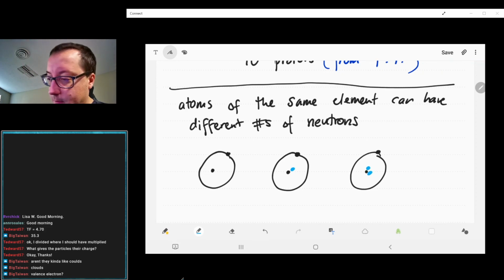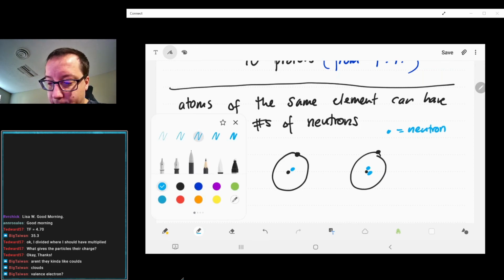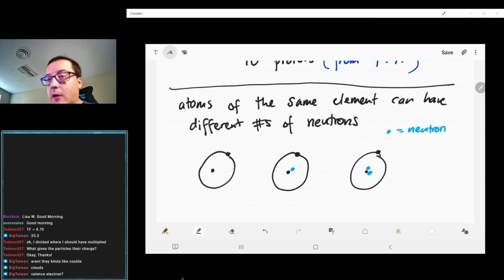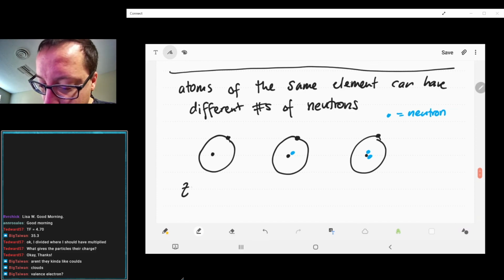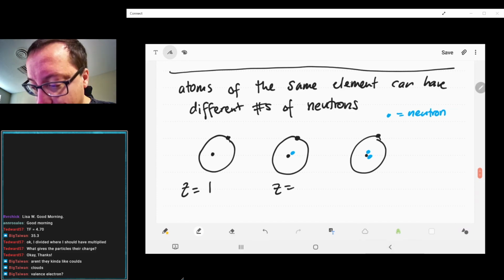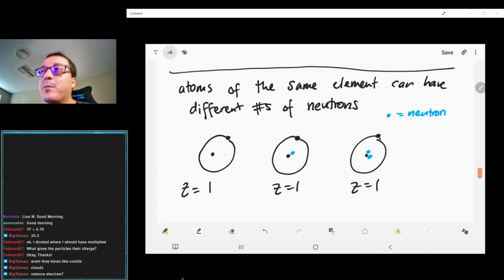Okay, so here are my lovely drawings, where blue is going to represent the neutrons. Let's say that all of these have one proton in them, which tells us they're all going to be hydrogen, right?